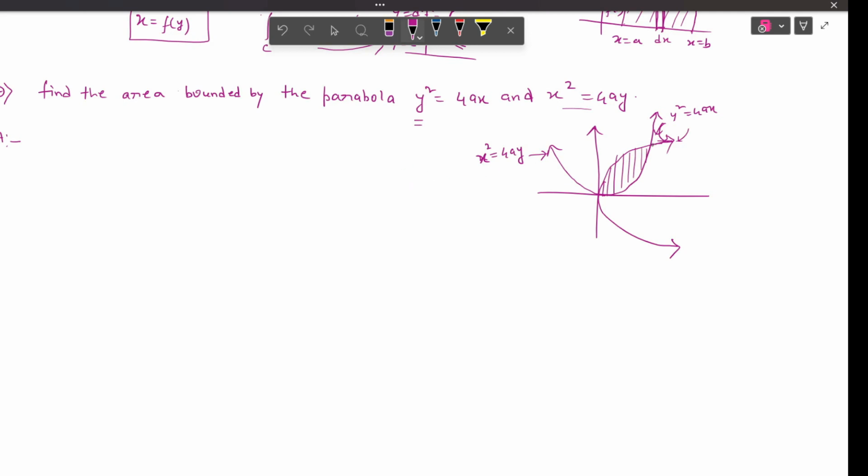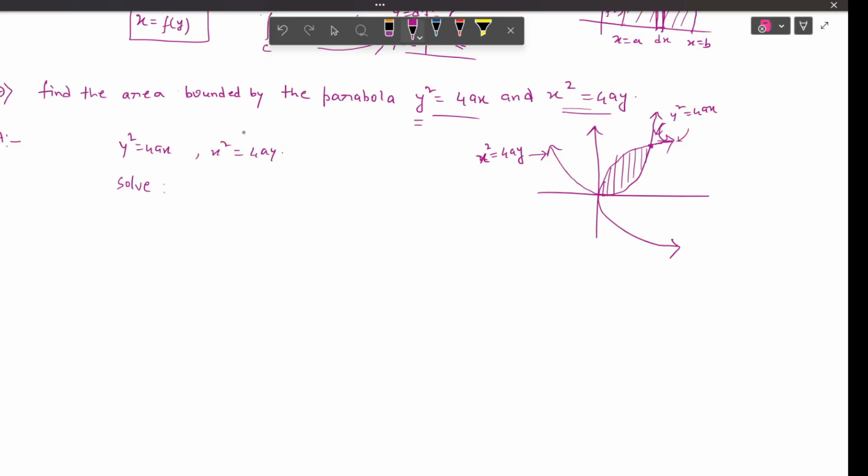So first of all, let us find the intersecting points. To find the intersecting points, we have to solve these two equations, y square equals 4x and x square equals 4ay.